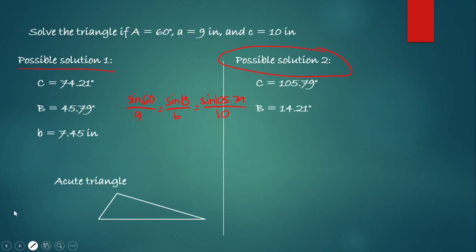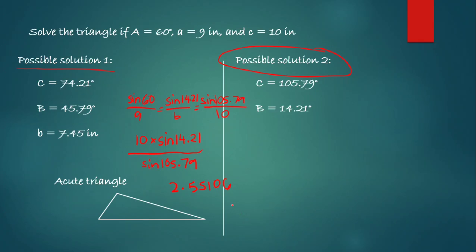Multiply everything, 14.21, and then now we're just going to cross multiply. 10 multiplied by sine 14.21 over sine 105.79, which if you calculate in a calculator, it will say 2.55106.